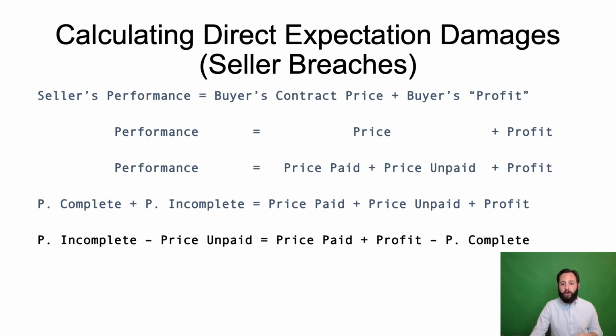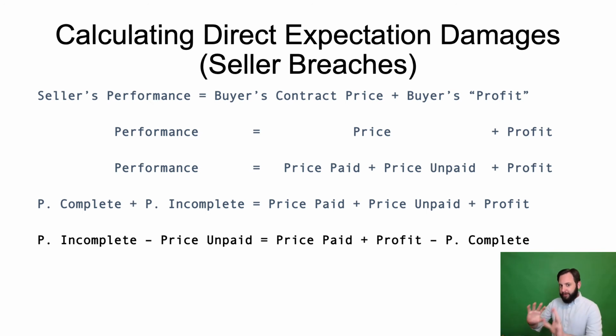It's done, it's gone. What is left that reflects what the buyer's expectations are that have not been performed? What is the remainder that's going to get us to the buyer's profit that hasn't occurred? Well, that's the left side of the equation. The performance that's incomplete hasn't happened. The price unpaid hasn't happened.